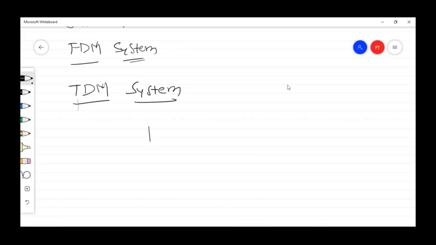So, given frame time is divided into smaller time slots.